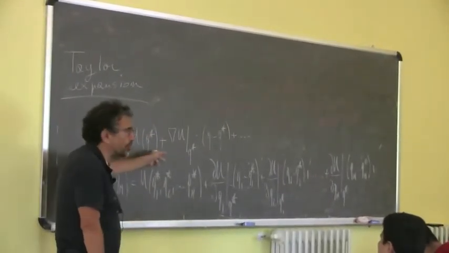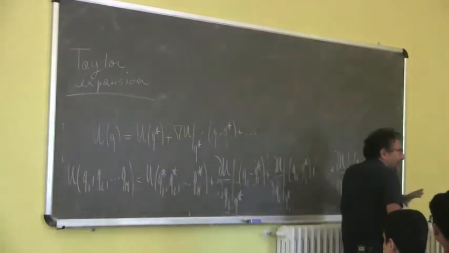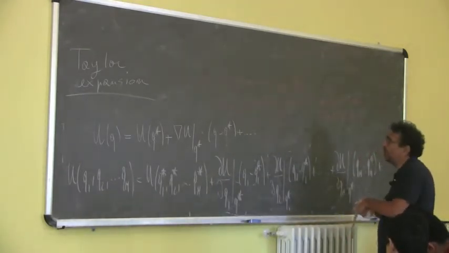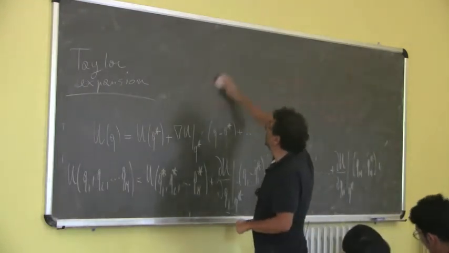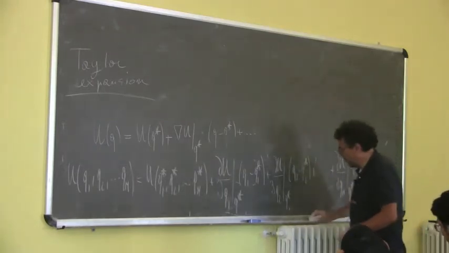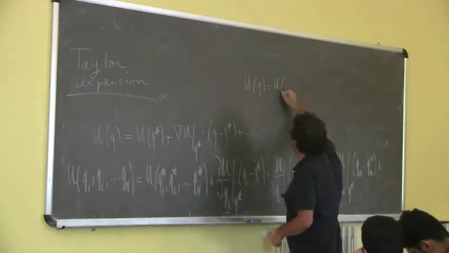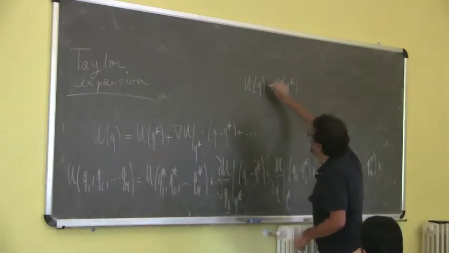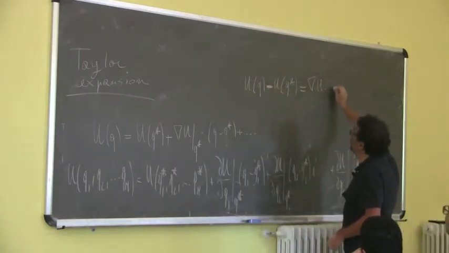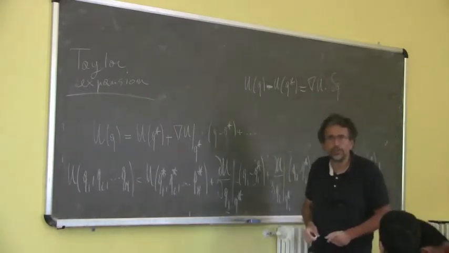When Q is close to Q*, these quantities there can be neglected. So for very small delta Q, you can write U(Q) minus U(Q*) equal to grad U dot delta Q. Okay?